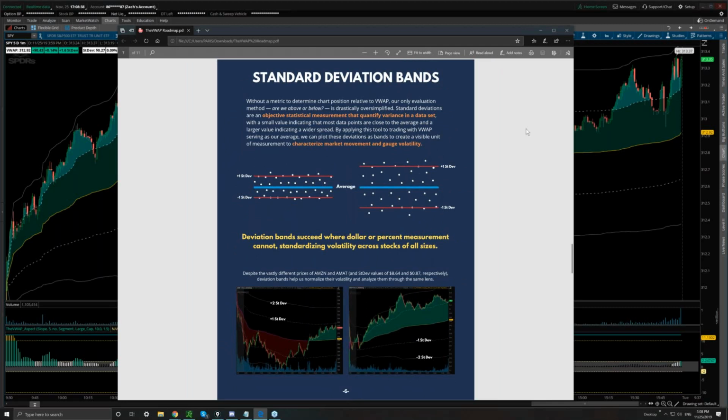I think the best way to describe them from a practical standpoint, they give us additional dynamic support and resistance in a way that we wouldn't have otherwise if we were only using a single line, a single benchmark like the VWAP. So you can imagine a chart that's trending upwards, it's moving away from its volume weighted average price. If we only have the VWAP that we can trade with, a huge problem here is we're stuck waiting for the market to retreat back to the VWAP. That's our only effective entry.